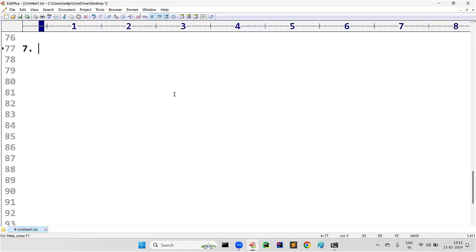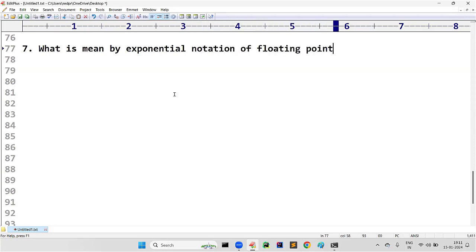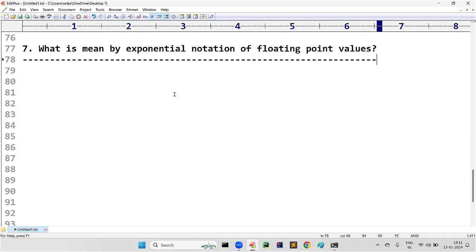The next question we have here is, what is meant by exponential notation of floating point values? Generally in Python, how are we going to represent floating point values?